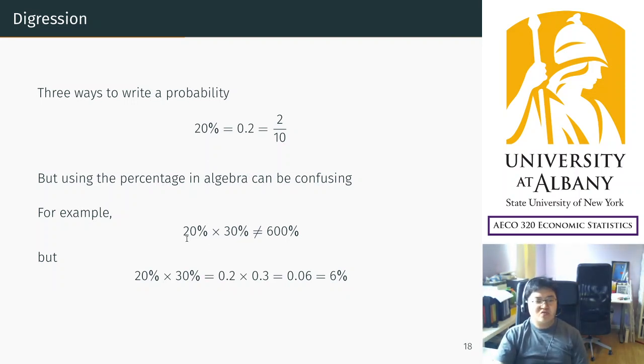For example, 20% times 30% is not 20 times 30. You have to multiply them after transforming them into decimals or fractions, and then convert the result back to percentage. So it can be confusing and tricky.